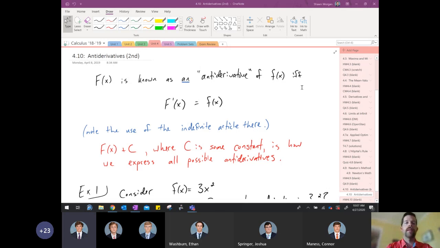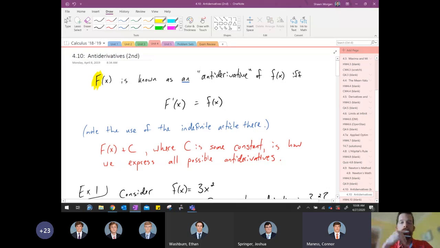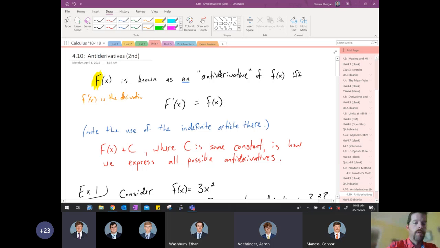I've got on my screen some things that you guys should be writing down while I'm talking here. But look at the notation that we use, okay? As far as the function goes, we use a capital letter to denote the antiderivative. Whereas f prime is the derivative, capital F is the antiderivative.